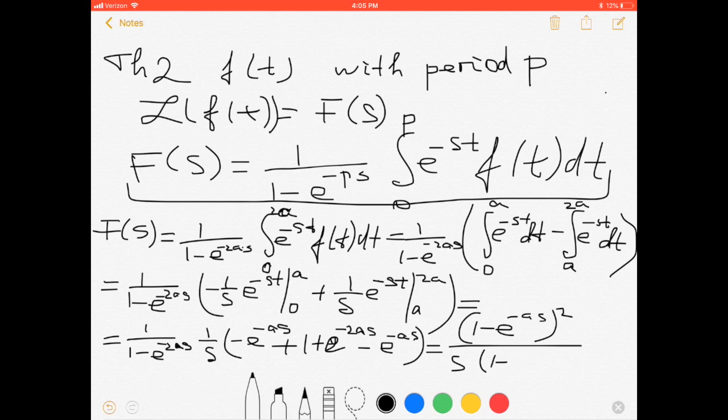I'm factoring e to the minus as times 1 plus e to the minus as, squared, and this part cancels, and here is the final answer.